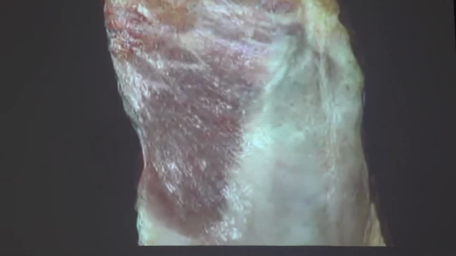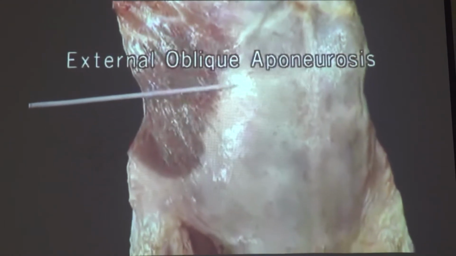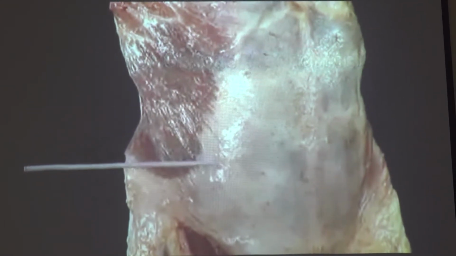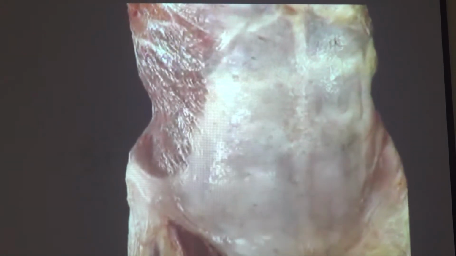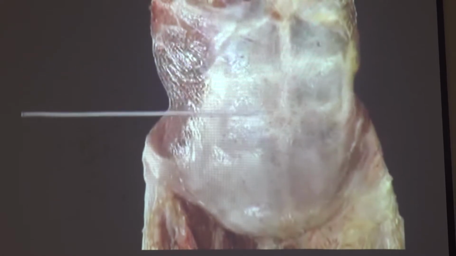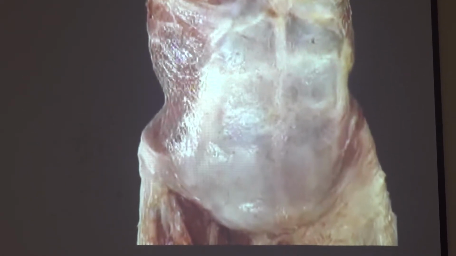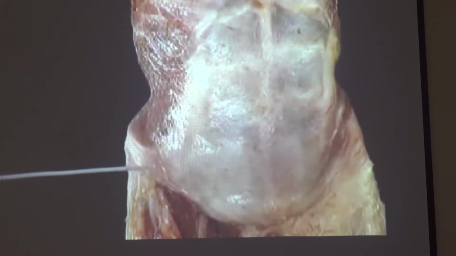Look at the orientation of the fibers; it varies between the proximal and the distal portion. That forms the external oblique aponeurosis, which merges with the rectus sheath. This aponeurosis forms the anterior layer of the rectus sheath above the umbilicus.